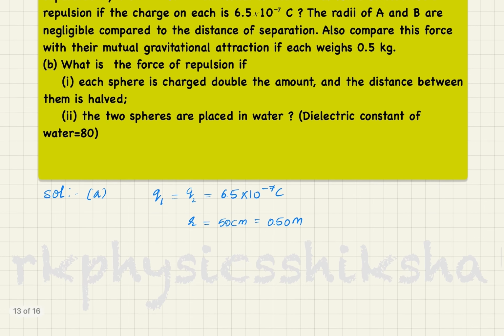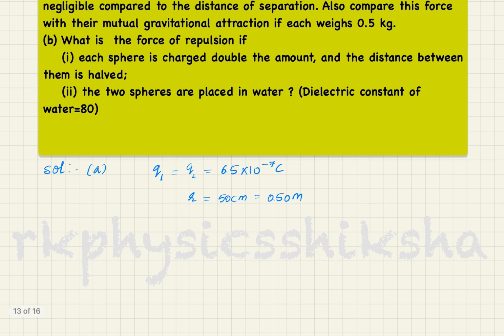So now, using Coulomb's law, what do we have? From Coulomb's law, the force between two charged bodies will be equal to 1 by 4 pi epsilon naught into Q1 Q2 divided by the distance square.